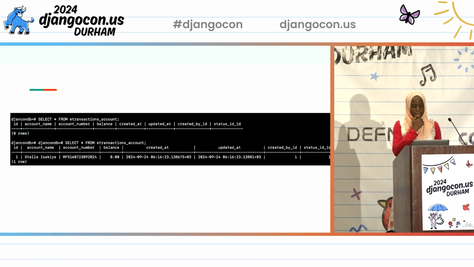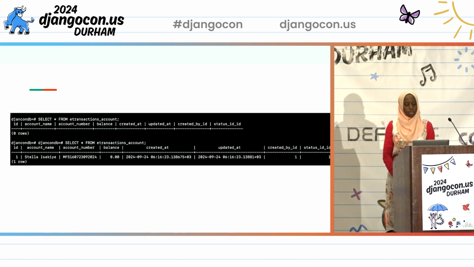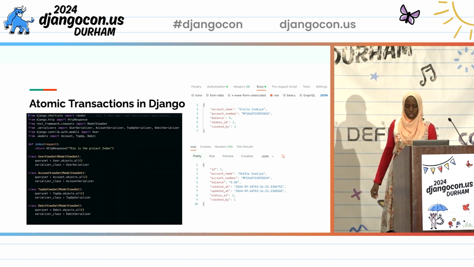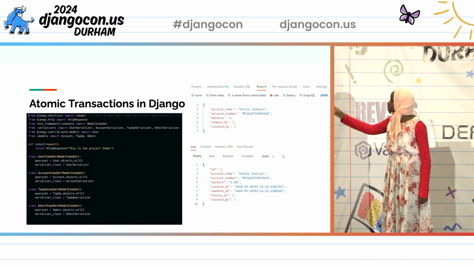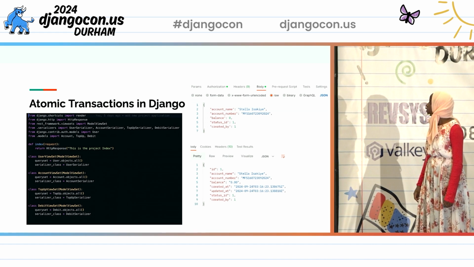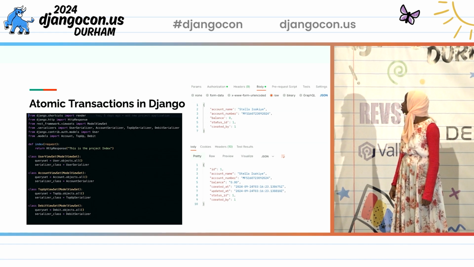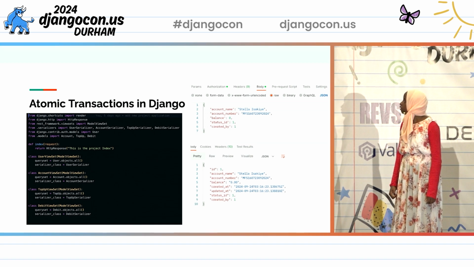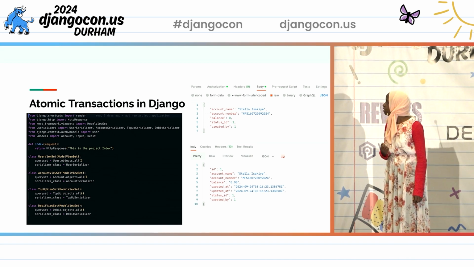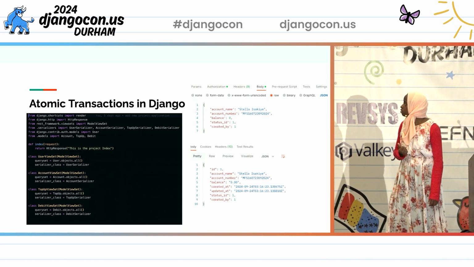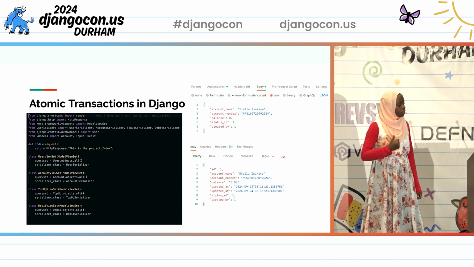So when I run my API for creating a transaction, as you saw in the first screenshot, I ran an API using Postman, and I have a model that describes the account as the account name, the number, the balance, the status of that account, and who created that account.